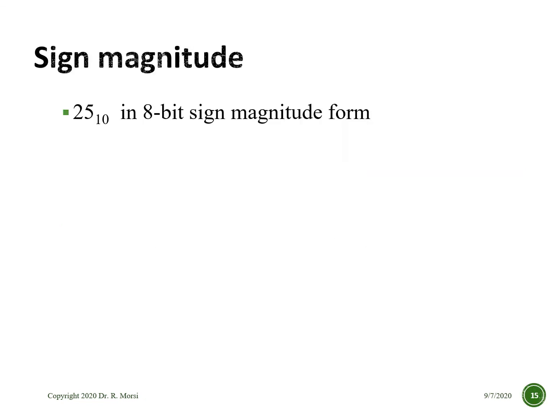Now let's look at this number in sign magnitude, and the number is 25 base 10, which is a decimal number, and we want to see it in an 8-bit sign magnitude format. So first we'd need to figure out what 25 is in binary. So this is 25 in binary. How do we verify that? We just look like we remember from the number conversions that we did before, but because we don't want to do this the long way, we'll just put the magnitude of each digit on top of it.